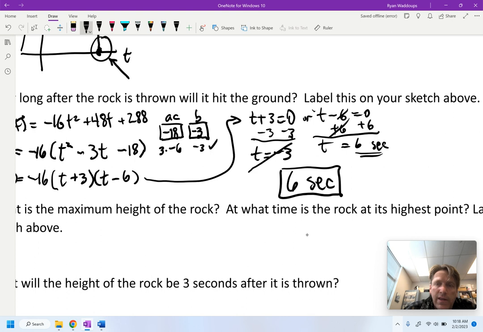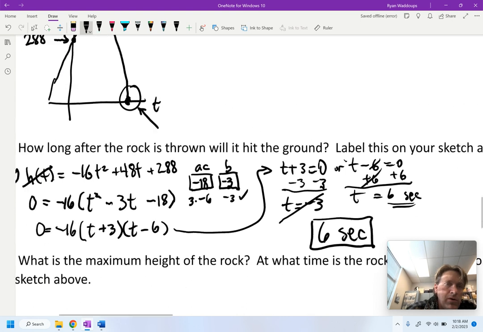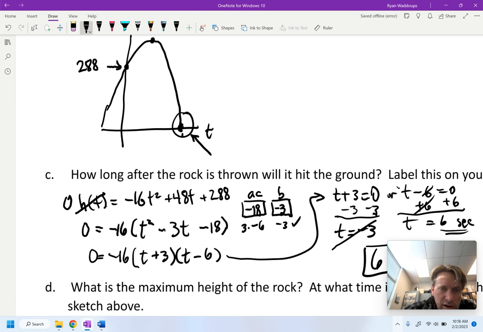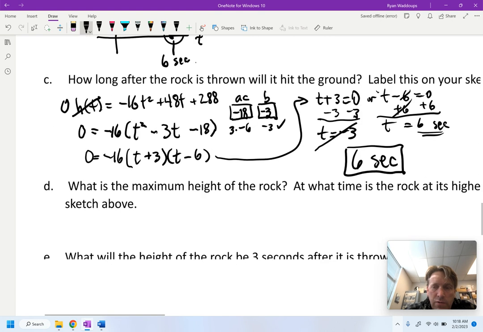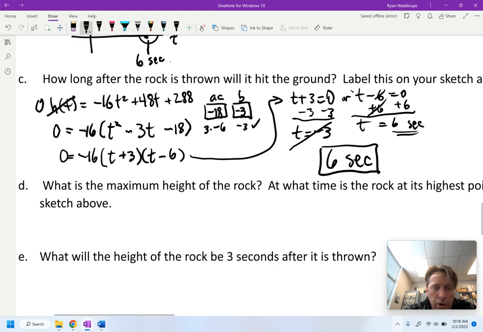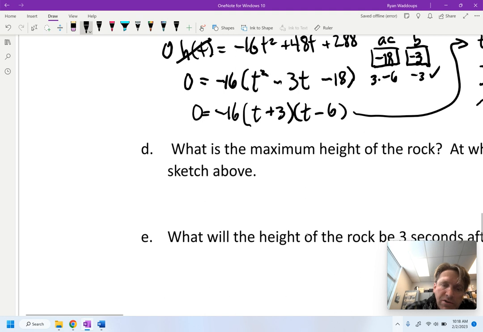And then it says to label this on your sketch above. So we're going to go up here. This point right here is 6 seconds. Then it says, what is the maximum height of the rock? At what time is the rock at its highest point? Once again, we're going to go here to x equals negative b over 2a.